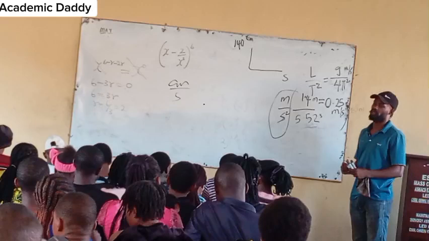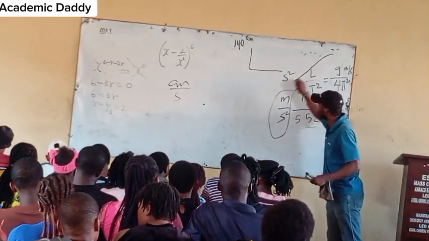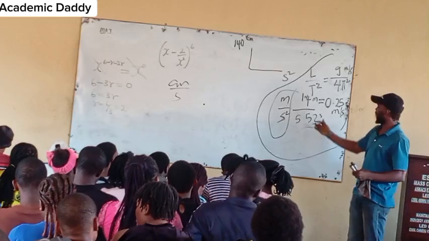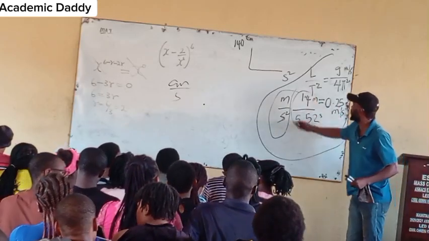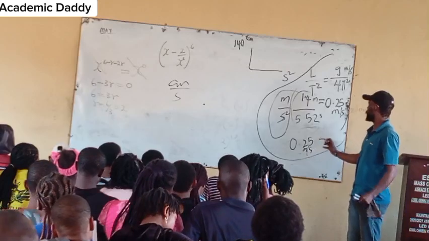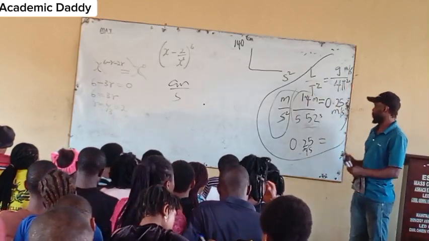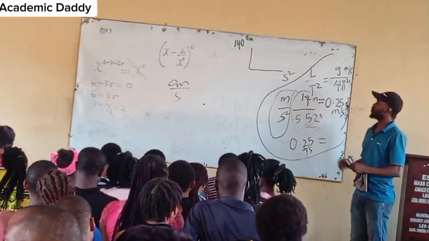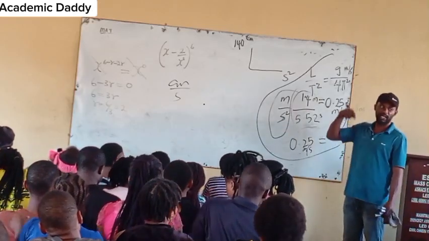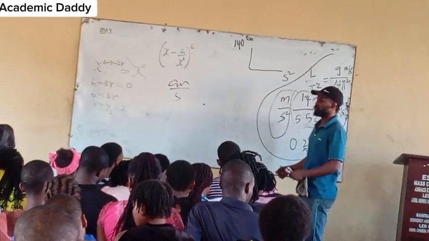Remember this one is second square, and this one is second square. So since using that equation I get 0.25, and when you divide this one, it will still give you 0.25 meter per second square. So this is equal to this because our slope is equal to this. So what you have is converting meter per second square to centimeter per second square.